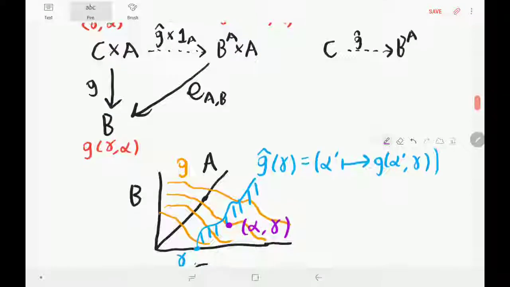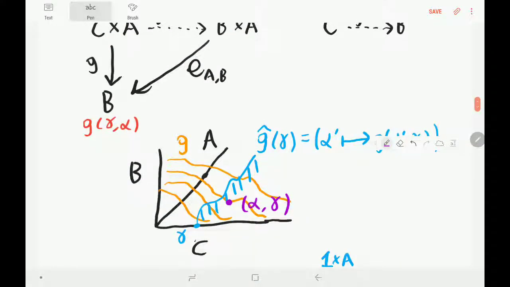So I think a nice way to visualize this, I haven't seen this in any books, but I think it's a nice idea, is making a kind of visual way to think about this. So what's G? G is an arrow from C times A to B. Just for understanding, let's imagine that A, B, and C are all numbers, let's say real numbers. Then we can make this kind of 3D plot.